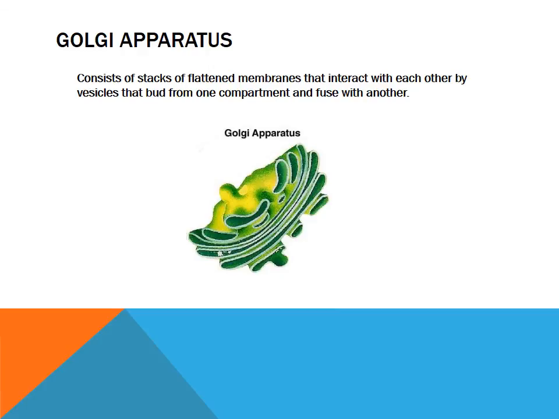Think of it like, you guys have ordered things from Amazon before, I assume, right? Because why wouldn't you? You order something on Amazon. The order goes into this large central headquarters, which is processing your order, like the endoplasmic reticulum. But then it doesn't go straight to your house from there. Then it goes to a distribution center.